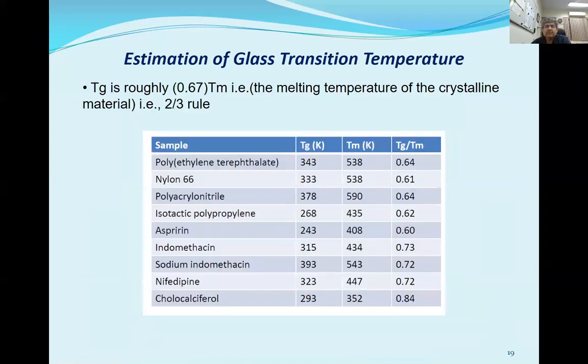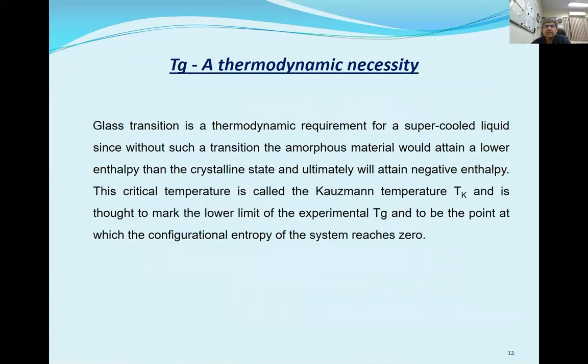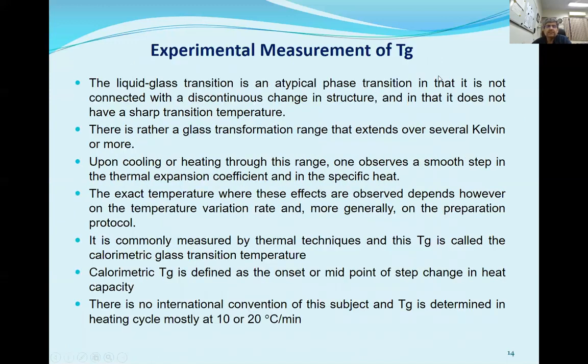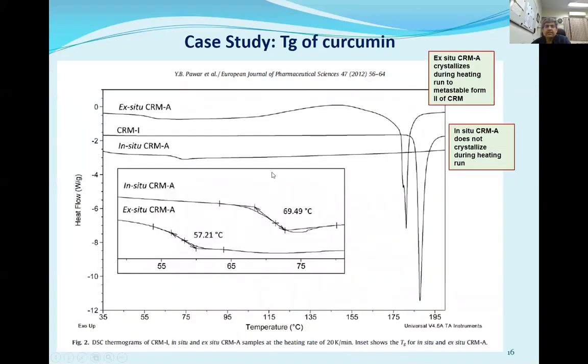So coming back to the main points that we discussed in today's class. First we discussed the reasons for why Tg always happens in nature. If Tg does not happen, there would be violation of the third law of thermodynamics, a fact which is also called the entropy crisis. Then we studied the experimental measurement of the Tg using the DSC, where the Tg is called the calorimetric Tg.